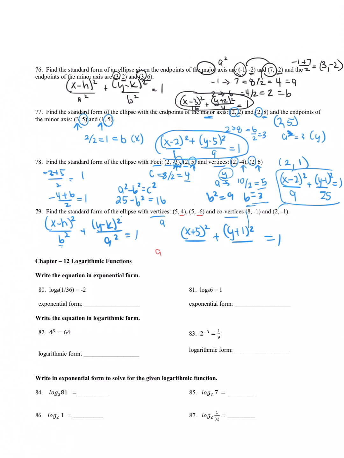So 5 is my a value, but I need a squared, and so that's going to be a 25 there. And looking at my change in my x values, I have a difference right there between these two of 6. When I cut that in half, I get 3, and when I square 3, I get 9, and that's what goes under my x squared right there.